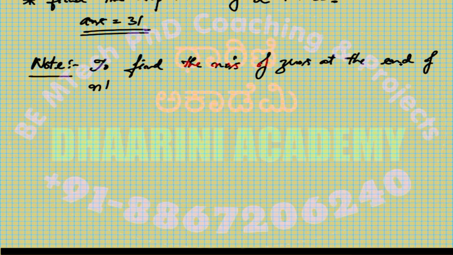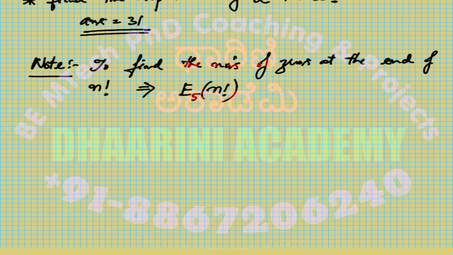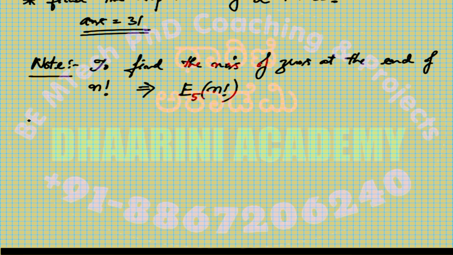If I want to find the number of zeros at the end of n factorial, you simply have to calculate E5 of n factorial. This is a note. This is asked many times: find the number of zeros in any factorial. Very simple to find.